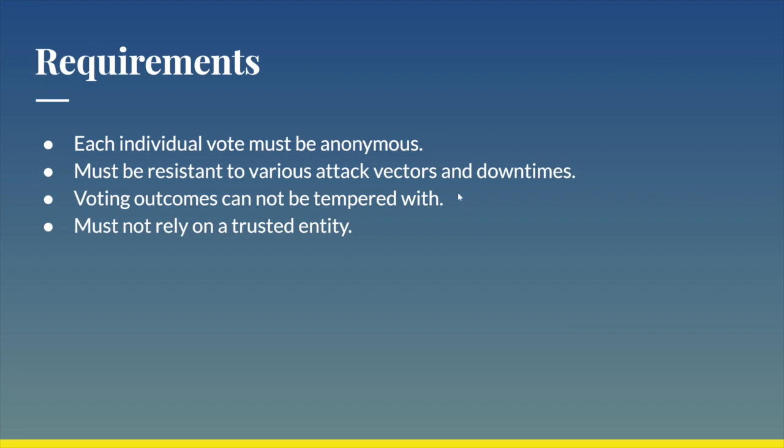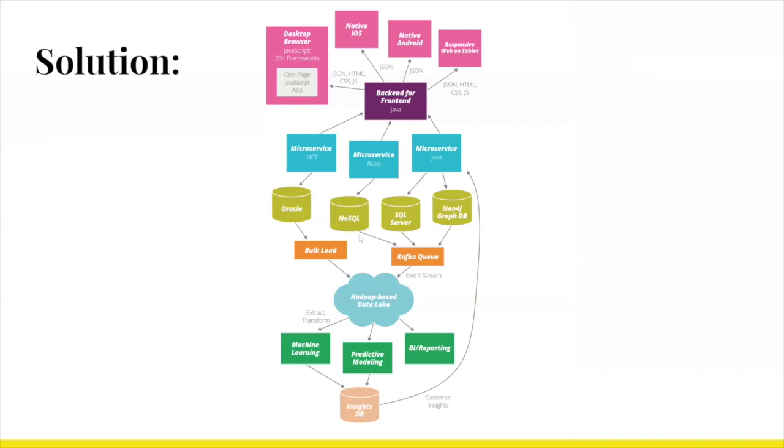That's the purpose of a voting app: it must be reliable, so that you know the voting result is correct and hasn't been manipulated. And of course, it cannot rely on a trusted entity that issues tickets. So the solution is not that complicated.